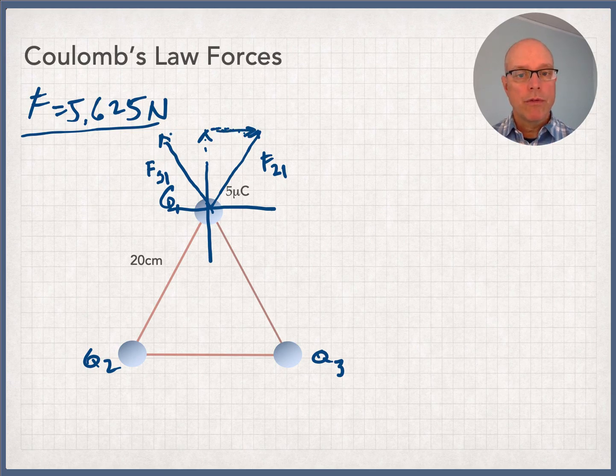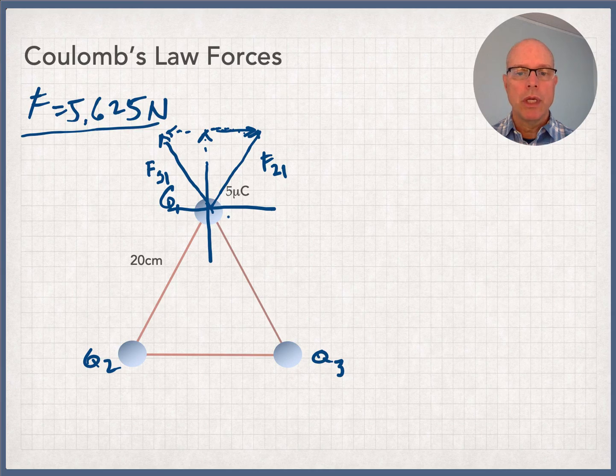Same thing for force of 3 on 1, and the way it's going to break down because of symmetry, the numbers are going to be exactly the same. And when I can, if I see numbers canceling, I'm going to snag that. So I'm going to bet that these i components cancel. And so I'll prove it to you. Let's go ahead and get it.